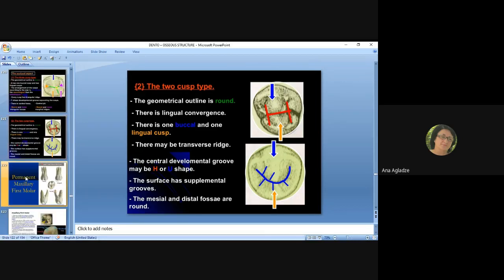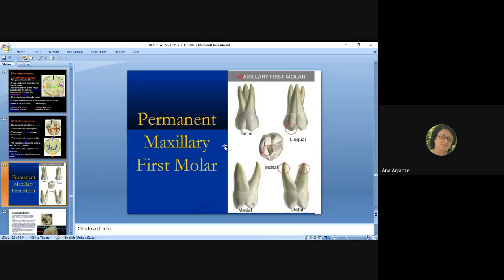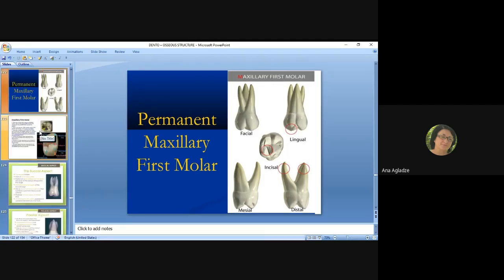Here, this is the permanent maxillary first molar. These are the largest teeth, you know. There are three molars. The third molar is called the wisdom tooth.